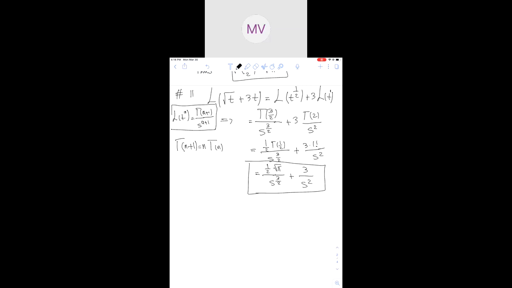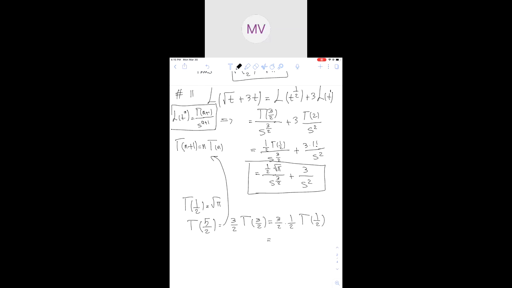So, let me mention that by the fact that gamma of 1 over 2 is root pi, you can find, for example, gamma of 5 over 2. Well, recursively go ahead and use this formula. So this is 3 over 2 gamma of 3 over 2. Then it's 3 over 2 times half gamma of half.